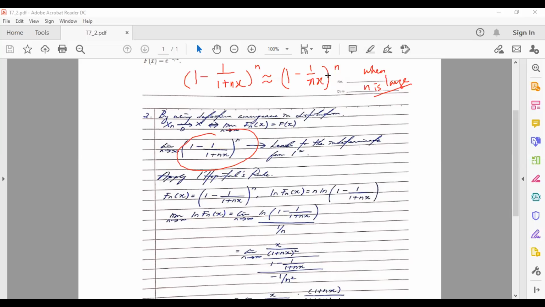So here you can further note that this will be 1 minus, you can write it like 1 over x over n. Once you have this, then it's very clear already, because this is the classic form. If you take the limit of this, it should be e to the power of minus 1 over x.